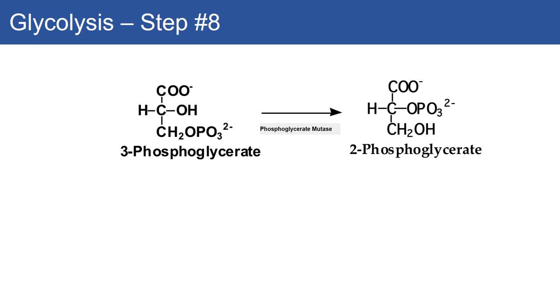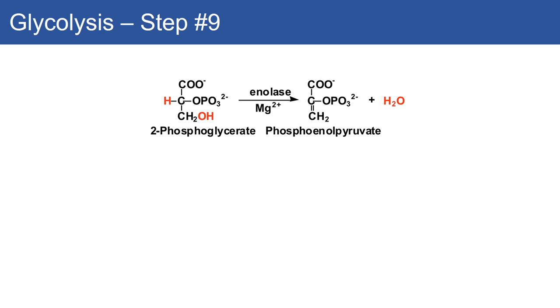Step number 8, we're going to use a phosphoglycerate mutase, and with our 3-phosphoglycerate, we're going to transfer that phosphate group to the C2 carbon of the triose molecule. And this is just a mutase. It's just going to move that from the C3 to the C2 carbon.